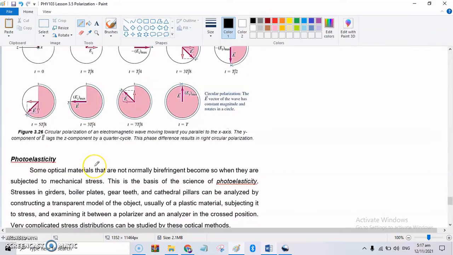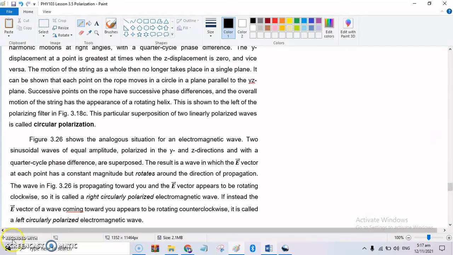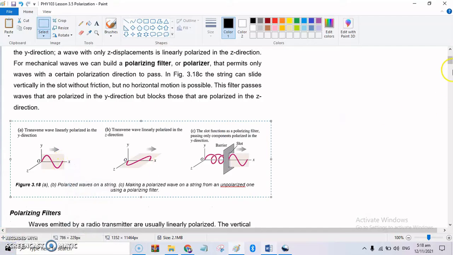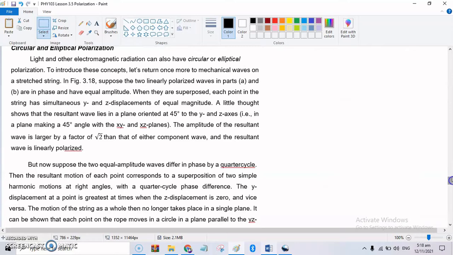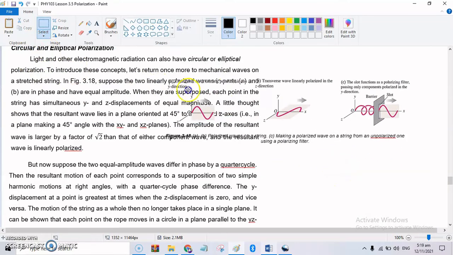Let's copy first our figure 3.18 and return back to our topic on circular and elliptical polarization.